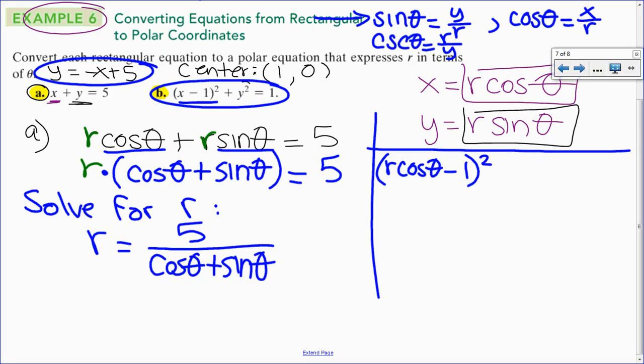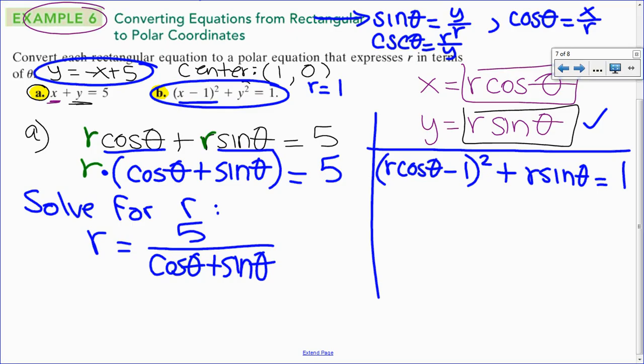Do you guys notice that? Square. And then you will have plus y squared. Instead of y, we're going to substitute r sine theta. And that is equal to 1. So for this circle, what will be the radius, guys? It is the square root of 1, which is 1.